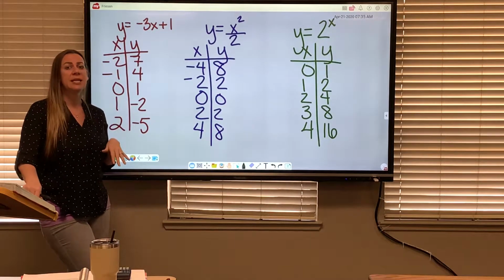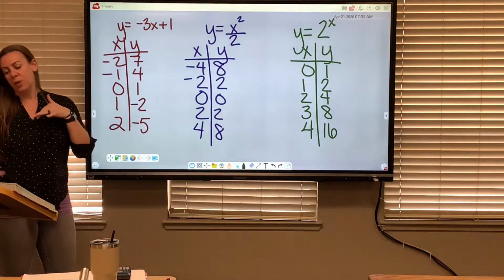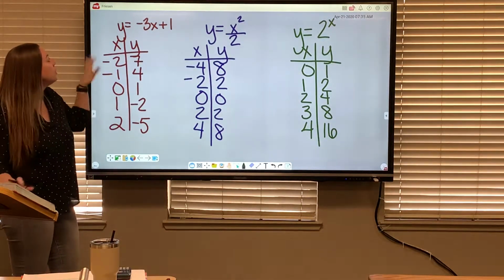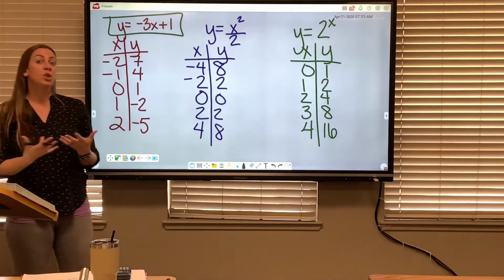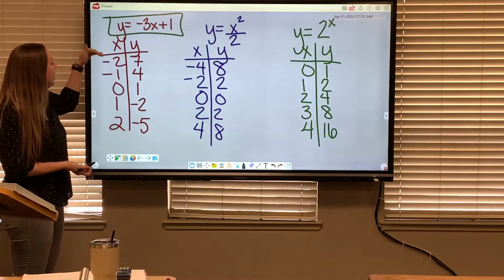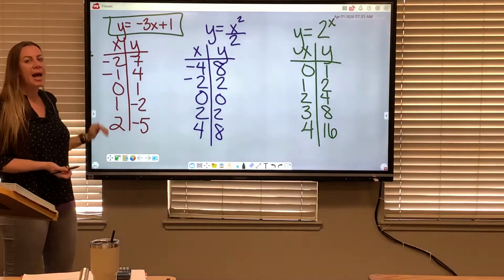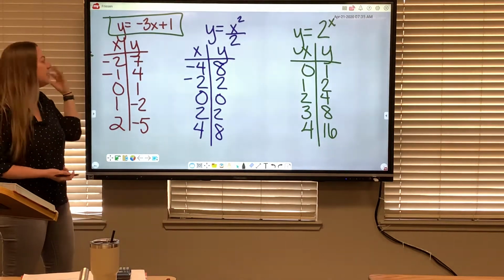So we have seen each of these in action, but I want to show you the relationship that they have to each other. We know according to the function rule or this equation that it is a linear equation. On your x side, you're always going to add a constant, because the x is what you plug in. That's the independent variable.